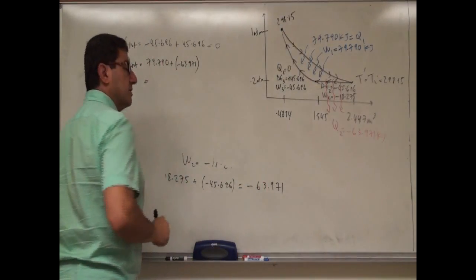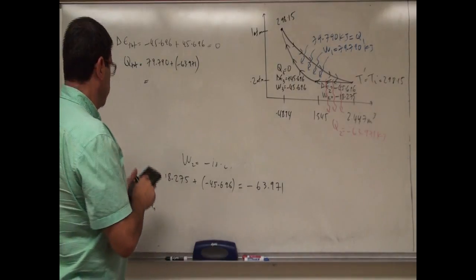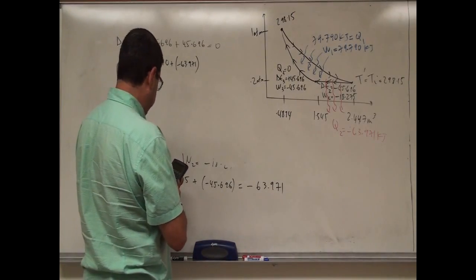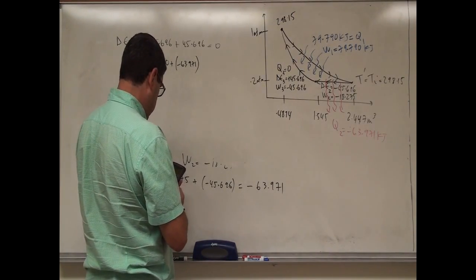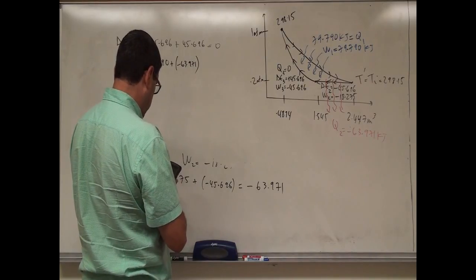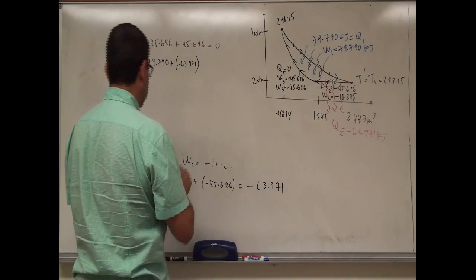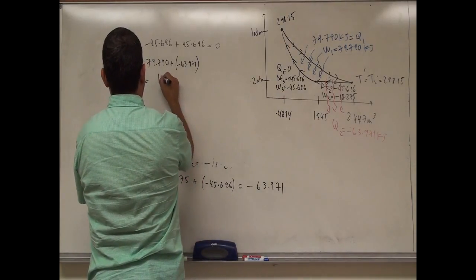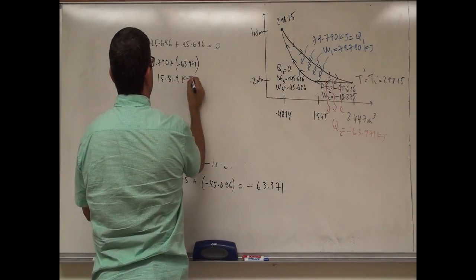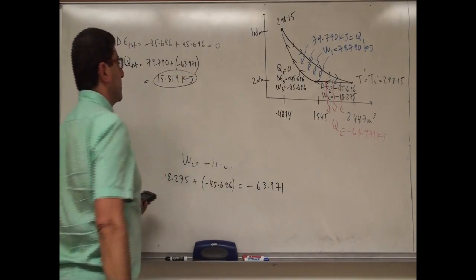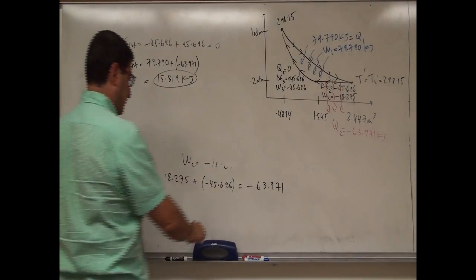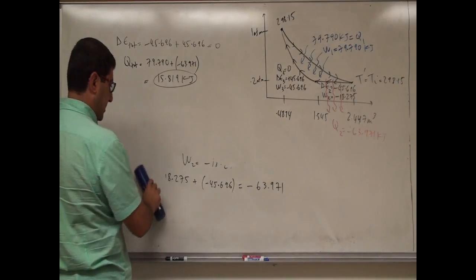So the total net heat coming into the system is 79.79 minus 63.971. So that's going to equal 15.819 kilojoules. That's the total heat coming into the system, right? And including the heat coming out.